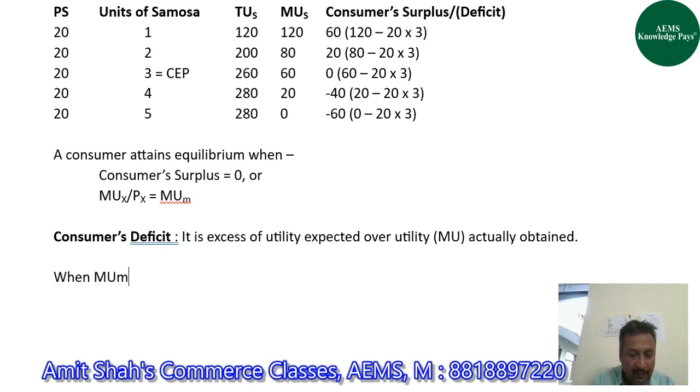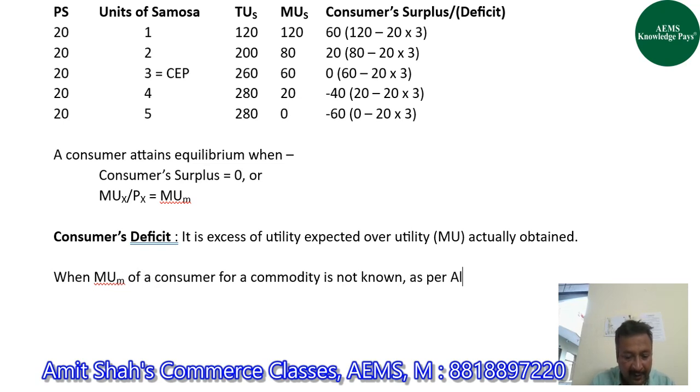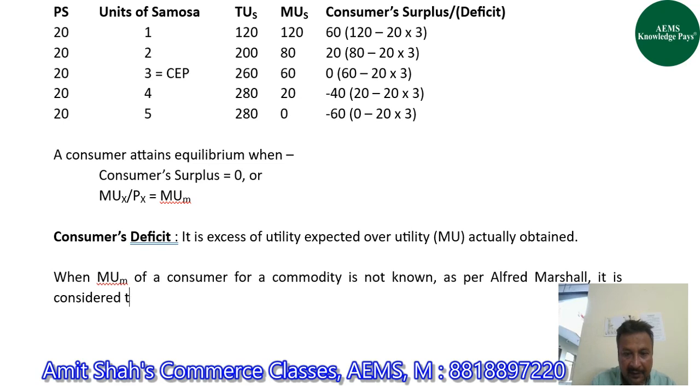So when MUM of a consumer for a commodity is not known, as per Alfred Marshall, it is considered to be 1.